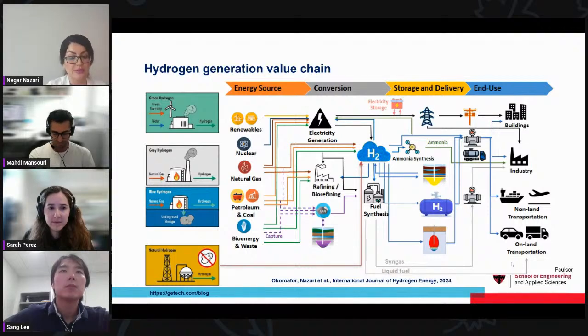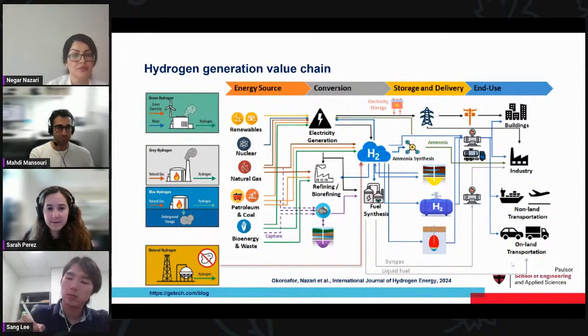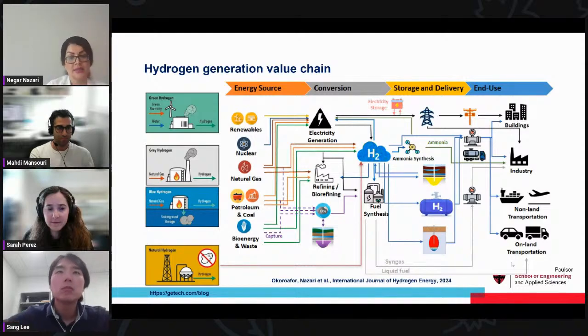It accounts for 80% of hydrogen production in the US domestically, and 47% globally. The problem with SMR, however, is that it emits a lot of CO2, at a rate of 9.7 kilograms of CO2 per kilogram of hydrogen. That is a lot of CO2 to be produced.